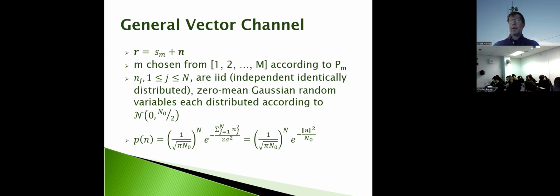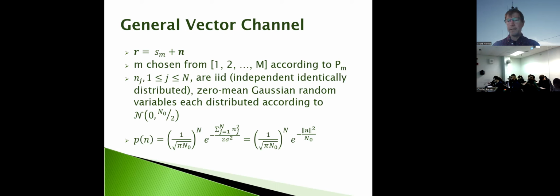And our vector n there is composed of n_j, where j goes from 1 to capital N, which are IID, commonly annotated, standing for independent, identically distributed noise, zero mean Gaussian random variables.